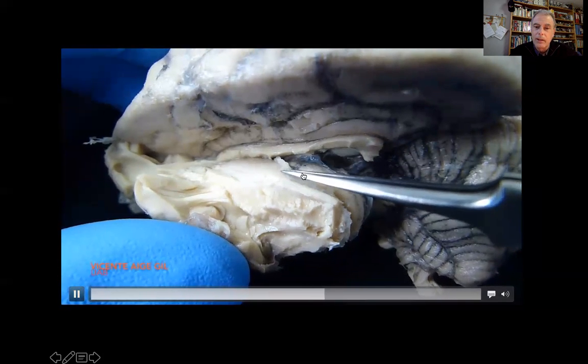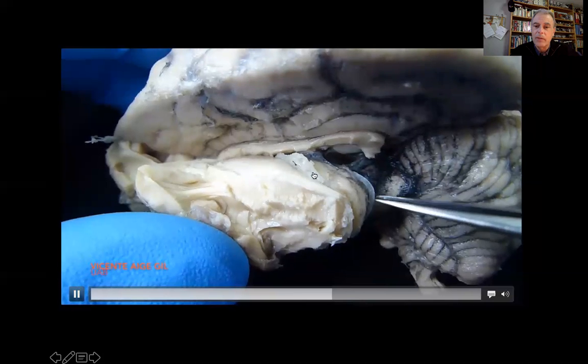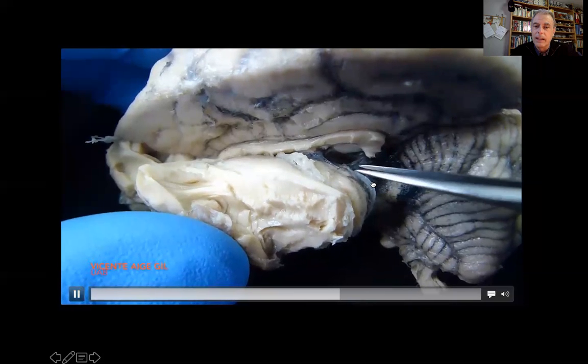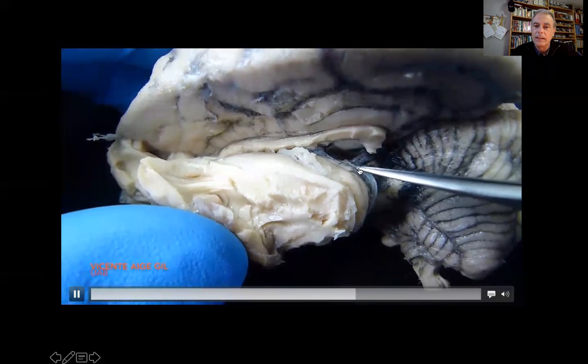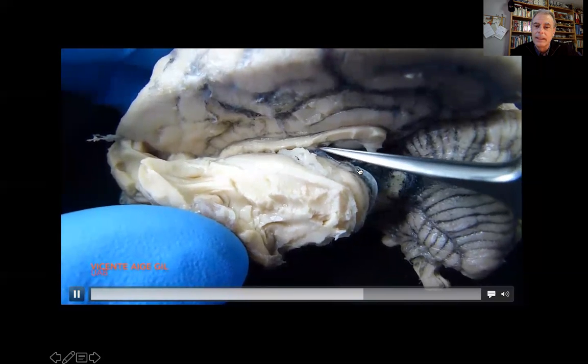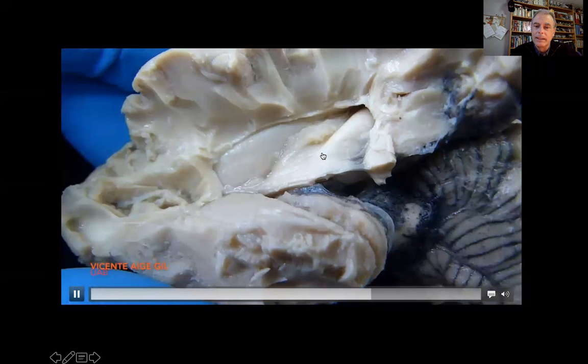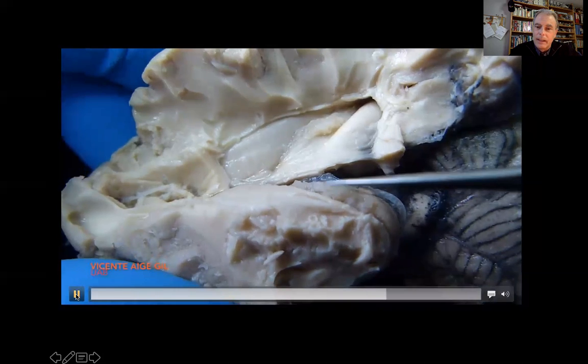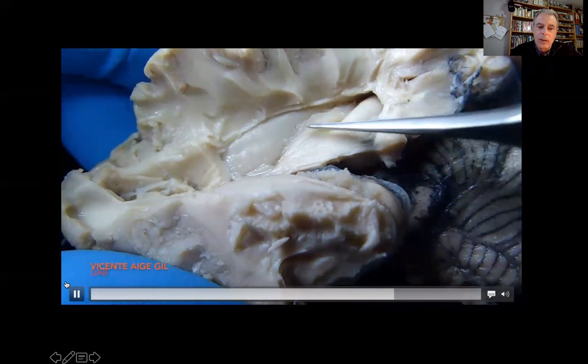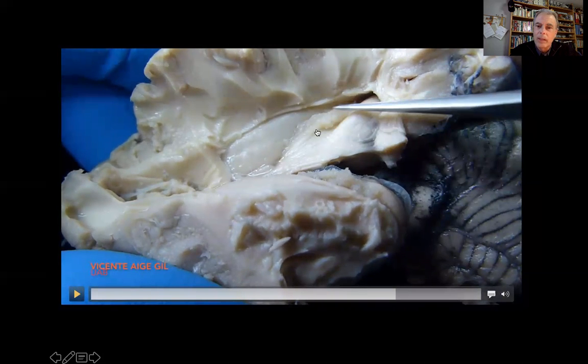The choroid plexuses of the lateral ventricle, and here the caudal cerebral artery. Here we have the lateral choroid plexus inside the lateral ventricle.